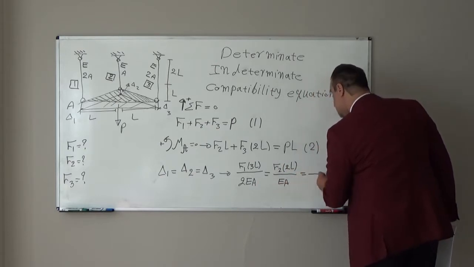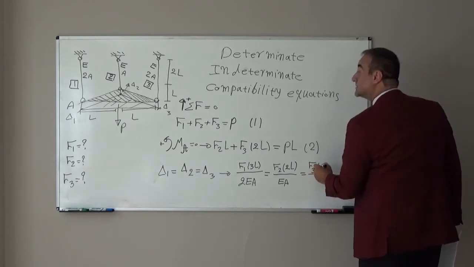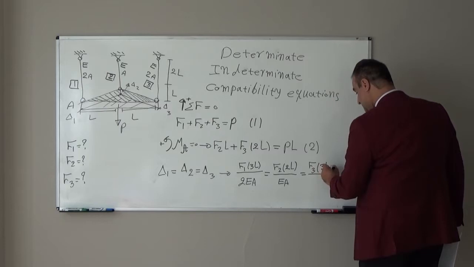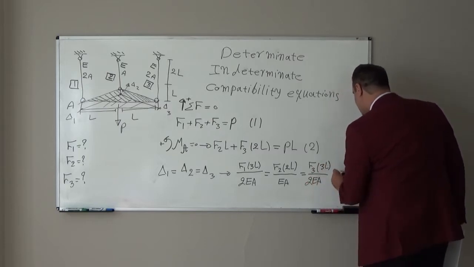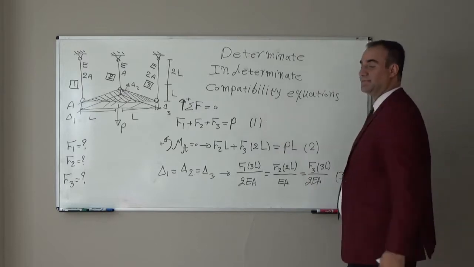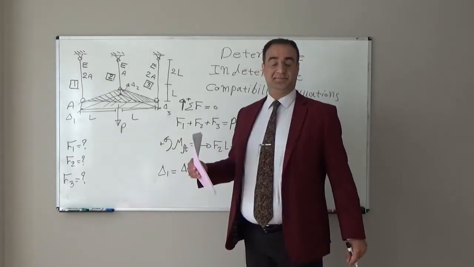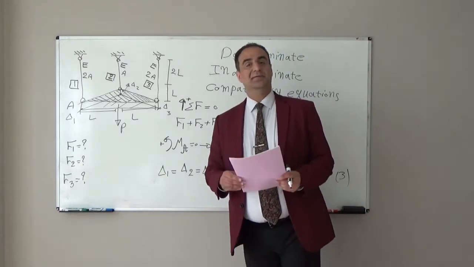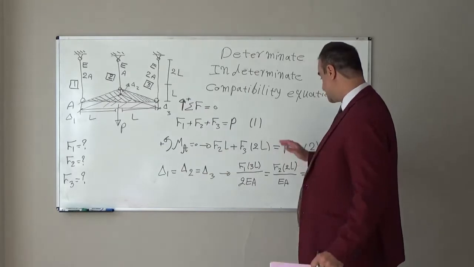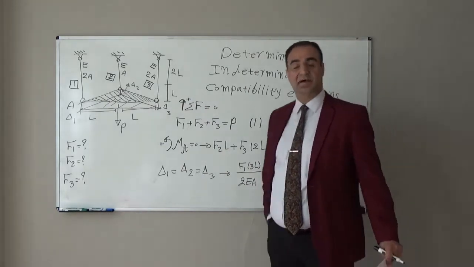That should be equal to F3 times 3L divided by, again, 2EA. Now we have three equations. We have three unknowns. We can find F1, F2, F3. This way I can solve the problem, but I will end up solving three equations with three unknowns, and you see the procedure will take a long time.